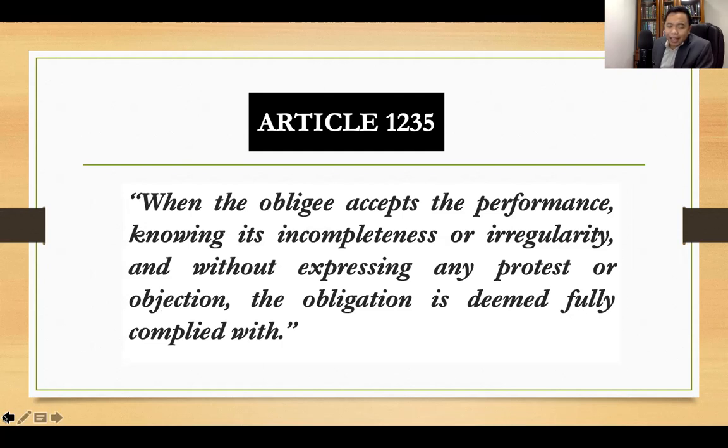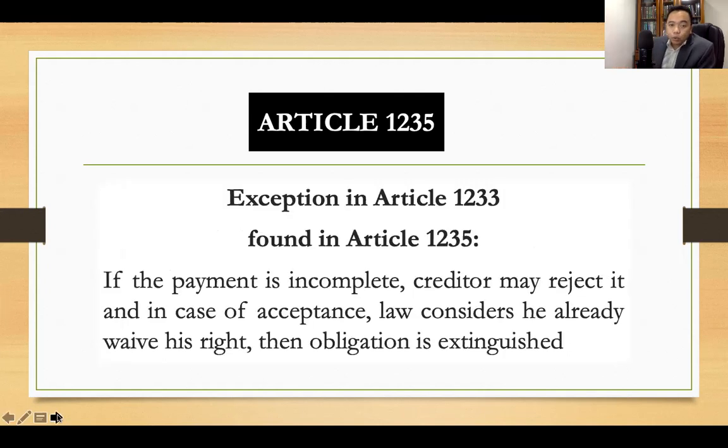Otherwise stated, if there was incompleteness or irregularity in the performance of the obligation, then the obligee must interpose his objection or protest. Otherwise, if there was no protest or objection, and the obligee knowingly and intelligently accepts an incomplete or irregular performance, then the law will presume that the obligation is deemed completely or fully complied with.